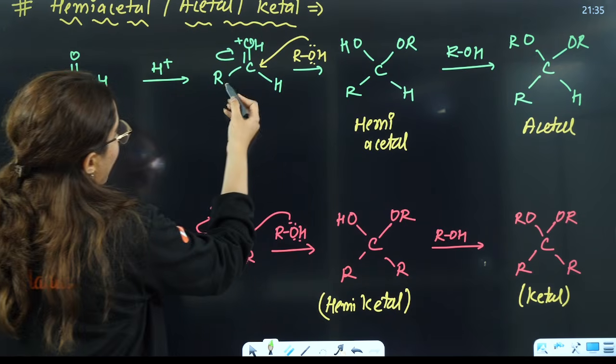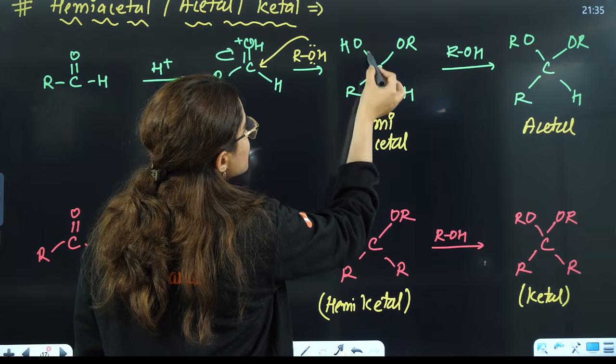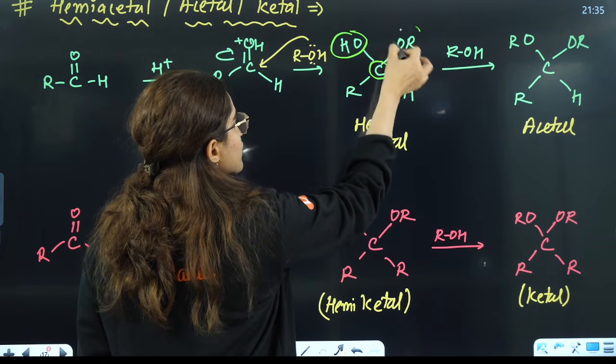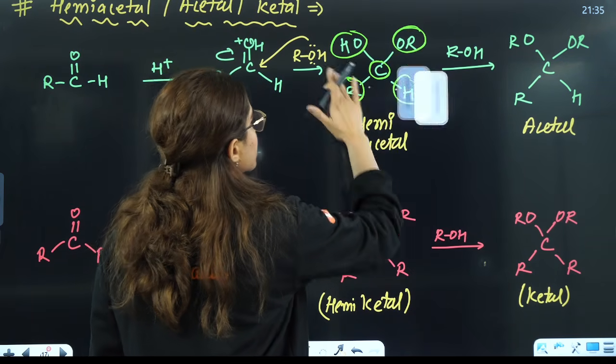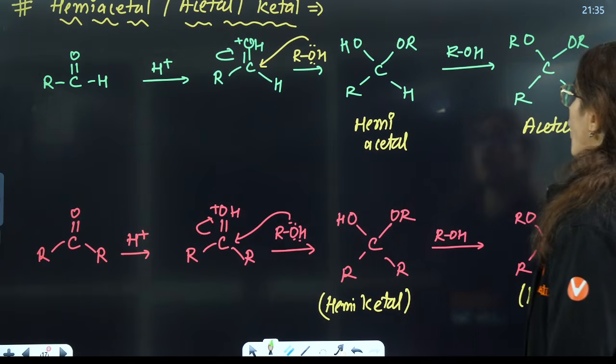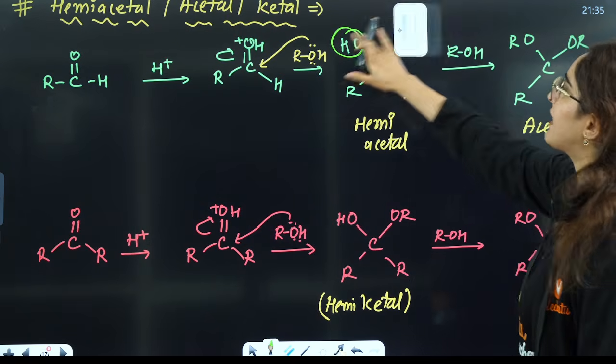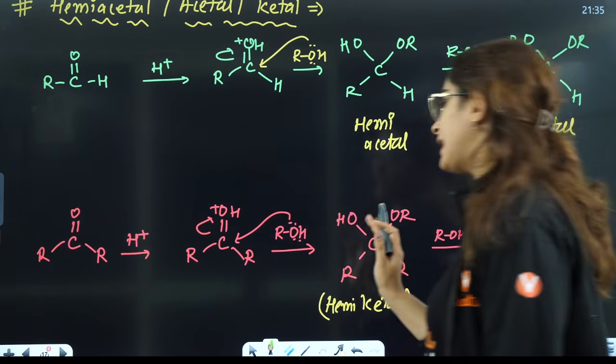Now next is hemiacetal and acetal, where in hemiacetal you have aldehyde. Aldehyde, when it is reacted with alcohol, is going to give you hemiacetal, that is carbon with one OH, one OR, one R and one H. Then when you add one more alcohol, this part is further going to get converted to OR, that is nothing but acetal, right?